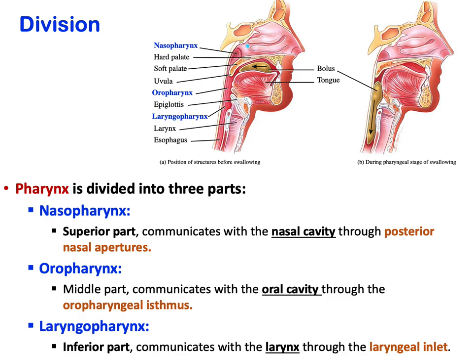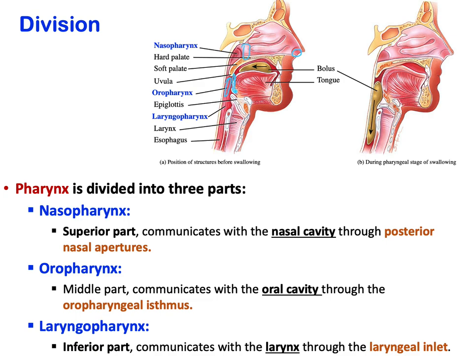So the nasopharynx, this part of the pharynx behind the nasal cavity, communicates anteriorly with the nasal cavity through this opening. We call it the posterior nasal aperture, because you know this is the anterior nasal aperture and this is the posterior nasal aperture. Now the second part, the oropharynx, communicates with the oral cavity anteriorly through this opening.